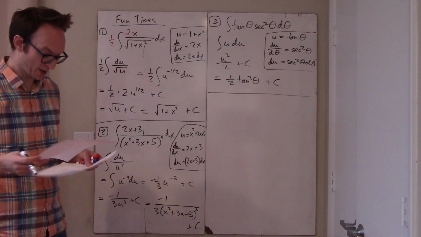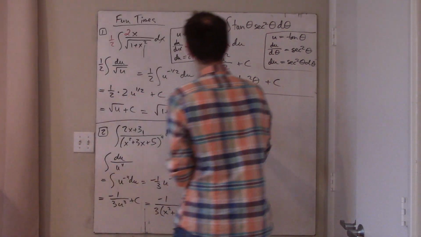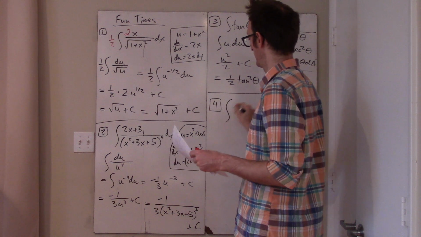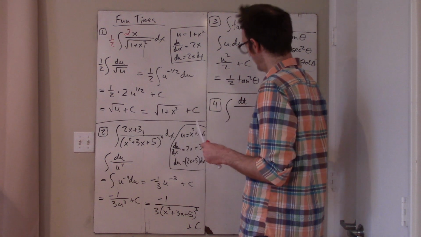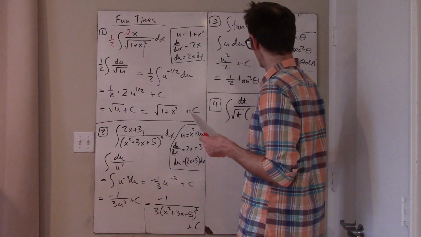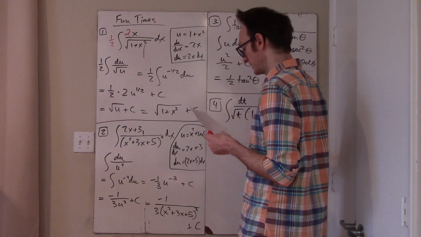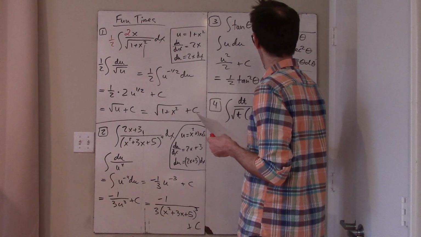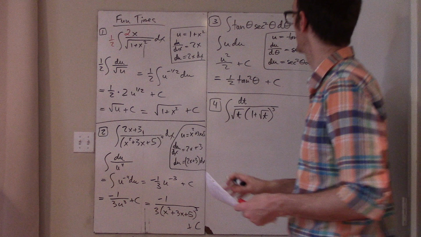Oh yeah, more. Number 4. This maybe is kind of hard. So dt over root t times 1 plus root t cubed. Okay, what's going on now?